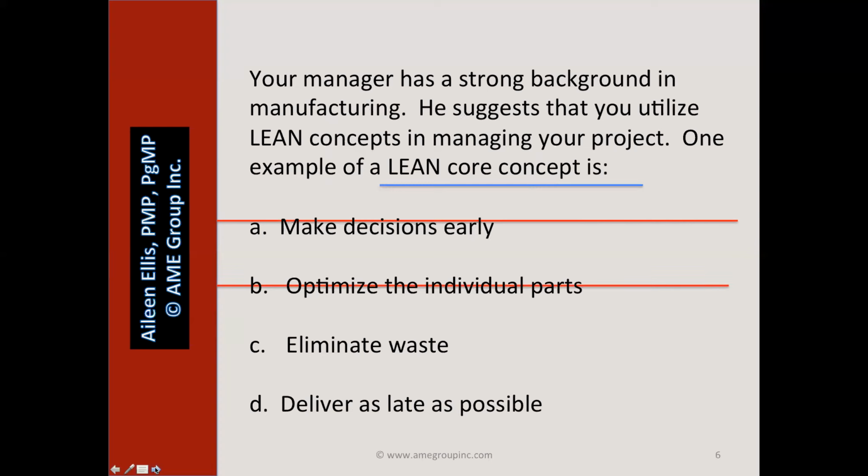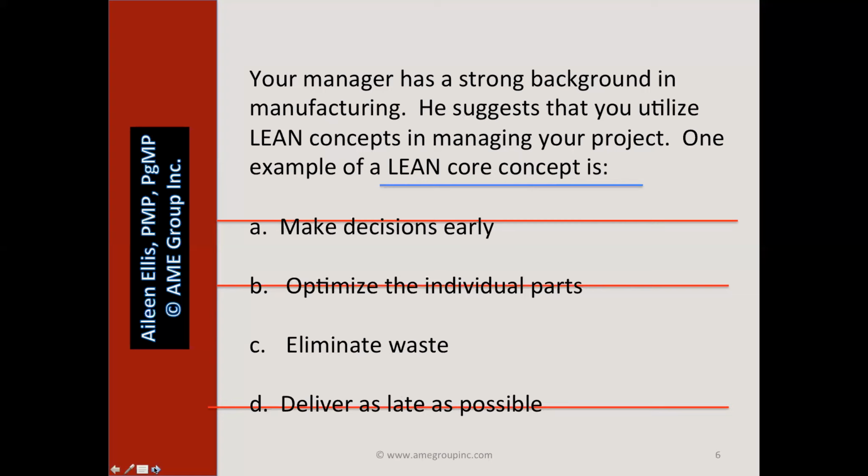Answer B, optimize the individual parts. In this answer, I don't like the phrase individual parts. In lean, we try to optimize the whole, meaning we look at the system as more than just the sum of these individual parts. C, eliminate waste, I think is the best answer for lean.